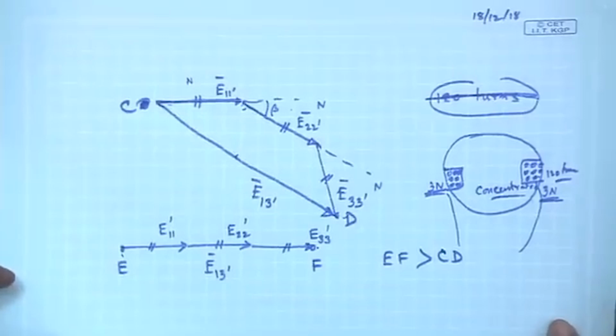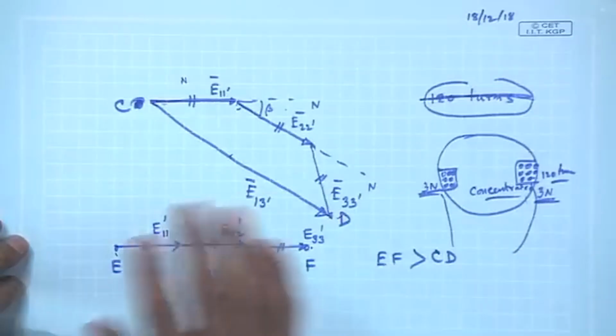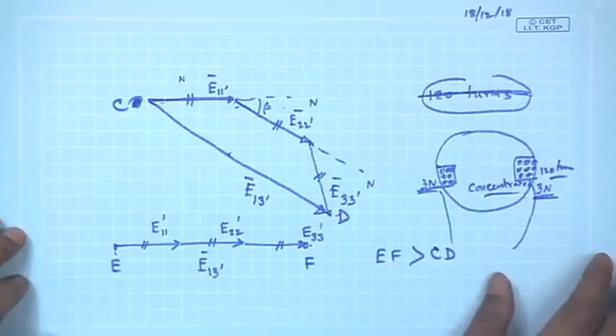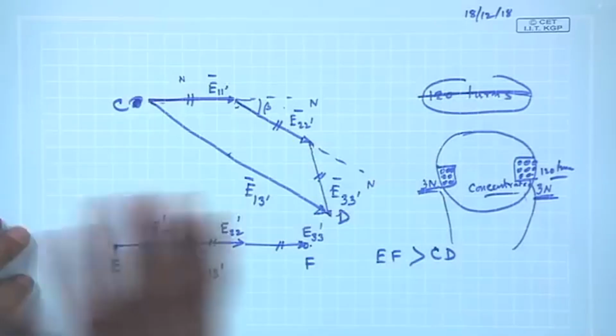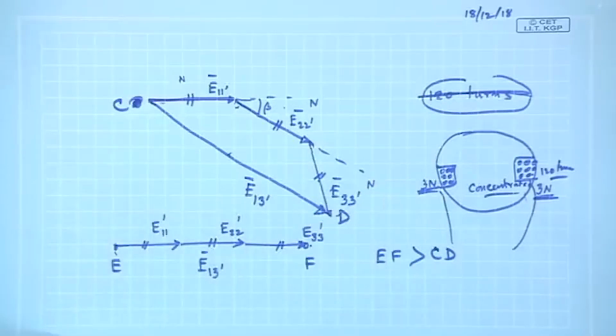So, we are in the 21st lecture, and in my last class I told you that coils will be distributed to use the surface of the machines more effectively.